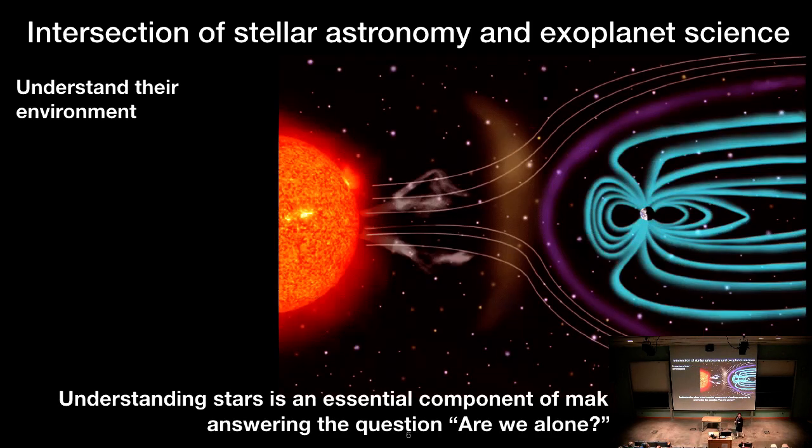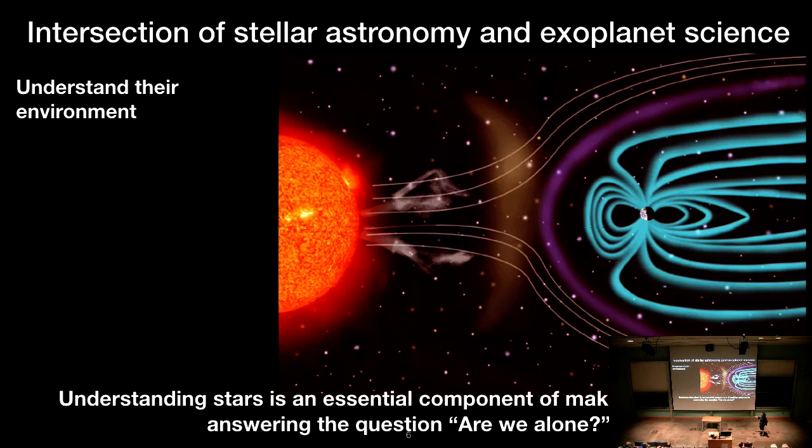And then finally, the intersection of stellar astronomy and exoplanet science comes in understanding the environment, or the ecosystem, if you will, in which those planets are existing. And this is a schematic showing the sun. This is not to scale. Here is the Earth in its magnetic bubble, its magnetosphere that protects it from the influence of the magnetic field of our star, the sun, and the magnetic activity that the sun creates.